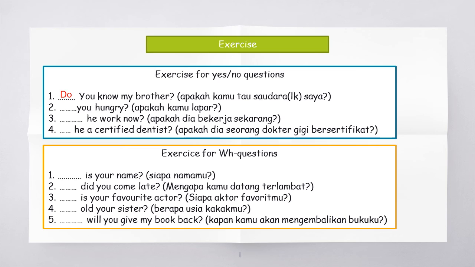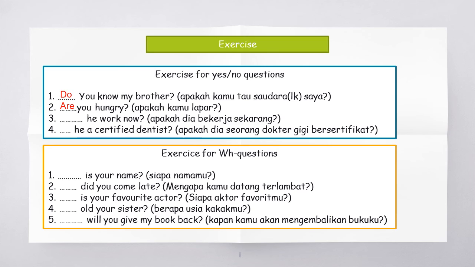Okay, next, number 2: blank blank blank you hungry? What is the answer? Are. Why is the answer are?